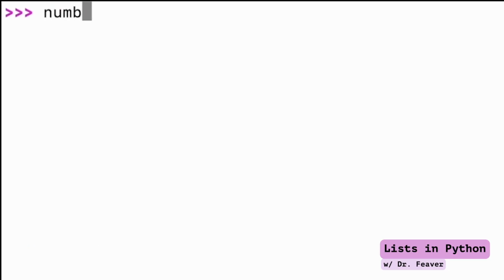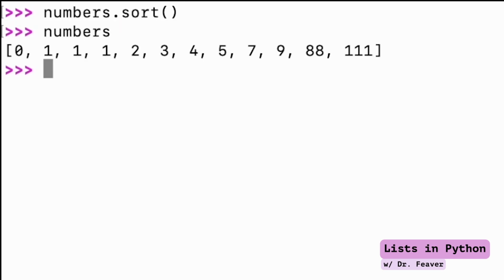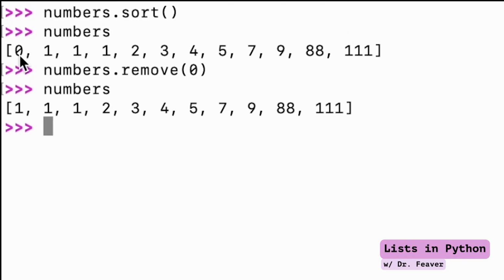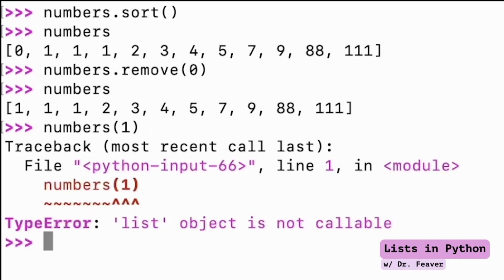We can also sort: numbers.sort, and then if I show you numbers, it's going to sort the numbers from lowest to highest. If I say numbers.remove and I tell it to remove 0, you can see it took the 0 out of the list. What happens if I try to remove 1, because there's 3 of them in the list? What will it do?